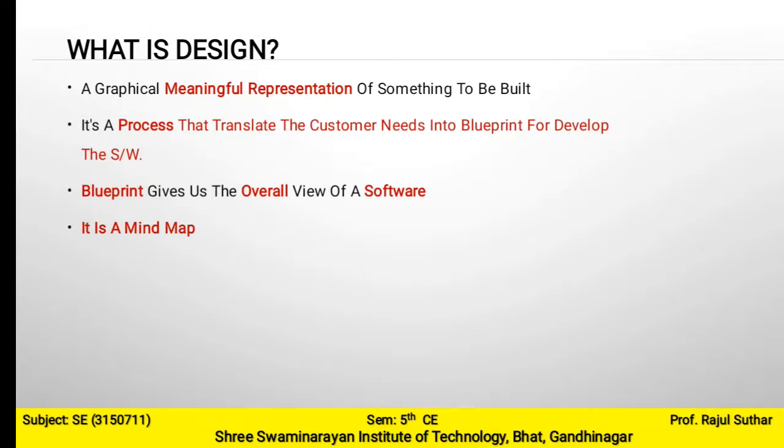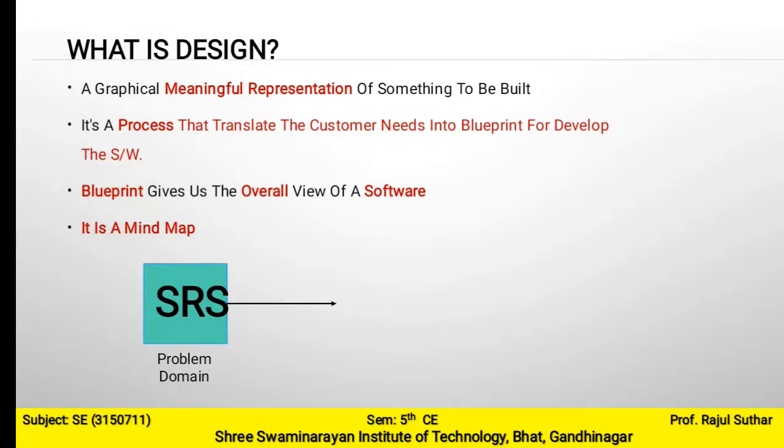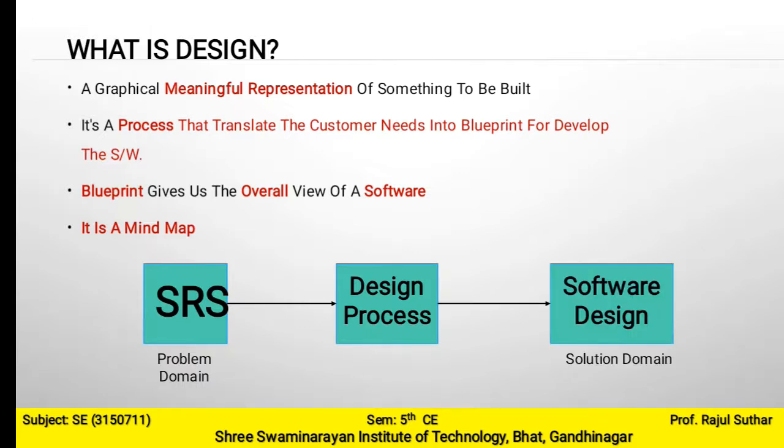Then, whenever we have a software requirement specification, meaning the customer needs, we can say it is the problem domain. Then we apply a particular design process, which is called software design. Finally we get the solution, which is useful for the finished software product.